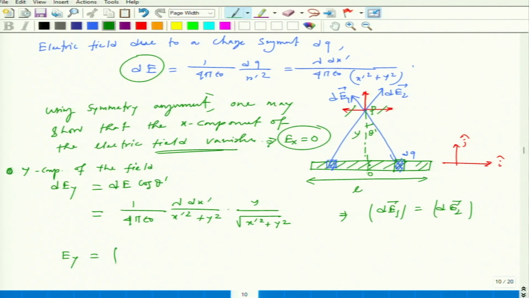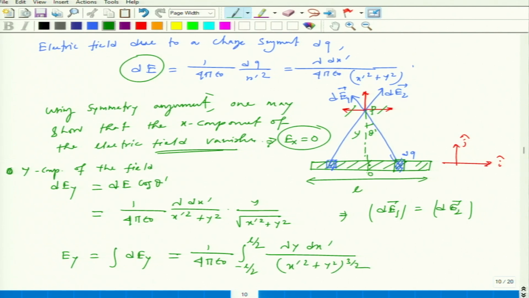In order to calculate Ey, we have to integrate over the entire length: 1 over 4 pi epsilon naught, integral from minus L by 2 to L by 2, of lambda y dx' over (x'² plus y²) whole to the power 3 by 2.